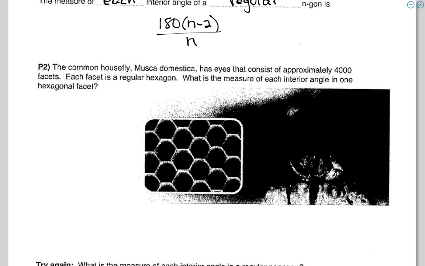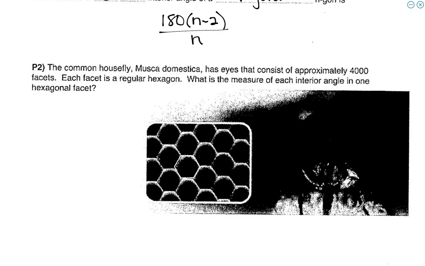All right, practice problem number 2. The common housefly, I'm not going to try and attempt that word, has eyes that consist of approximately 4,000 facets. Each facet is a regular hexagon. What is the measure of each interior angle in one hexagonal facet? They keep telling us hexagonal.